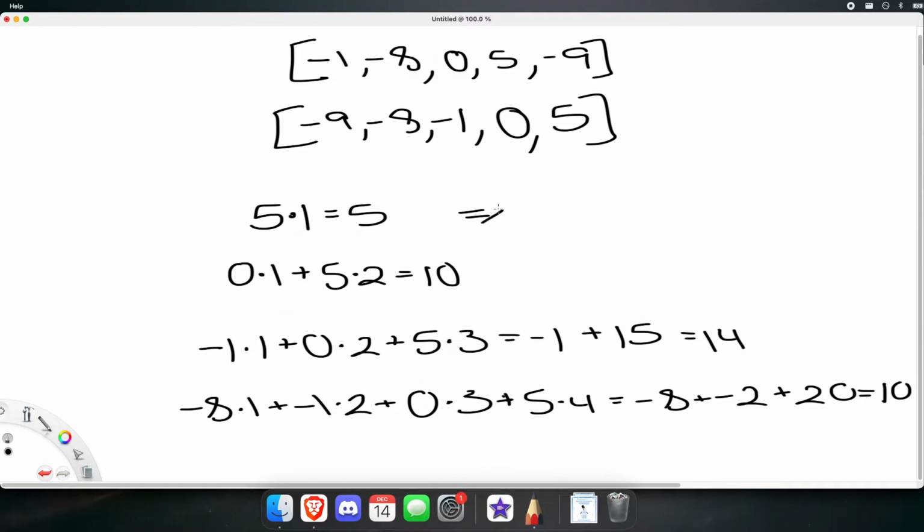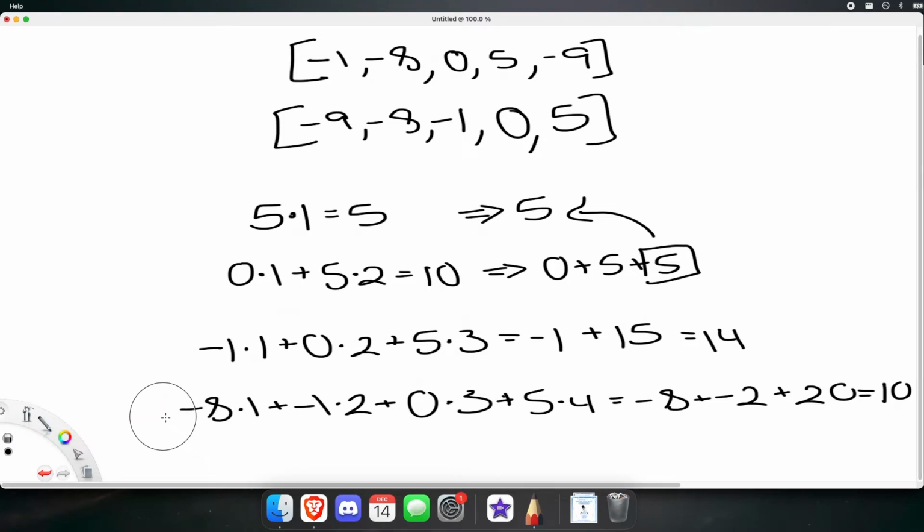Well, this 5 times 1 is just equal to 5. Then this 0 times 1 plus 5 times 2 is equal to 0 plus 5 plus 5. As you see, one of these previous 5s is actually coming from the last one. So we're adding one more time.